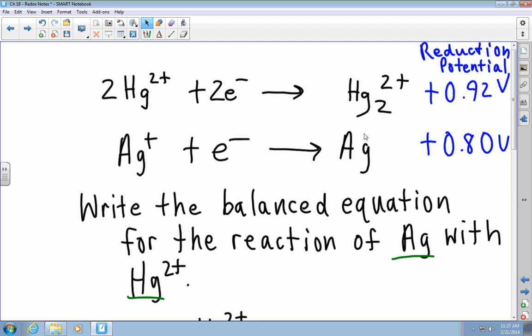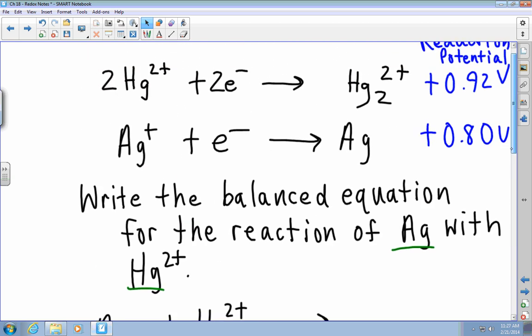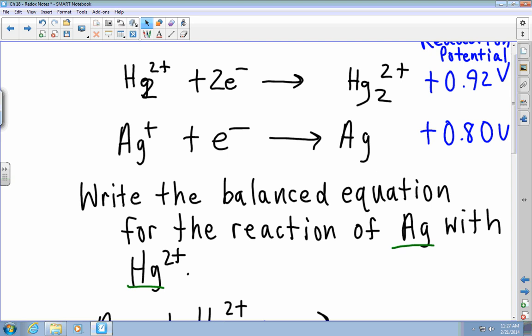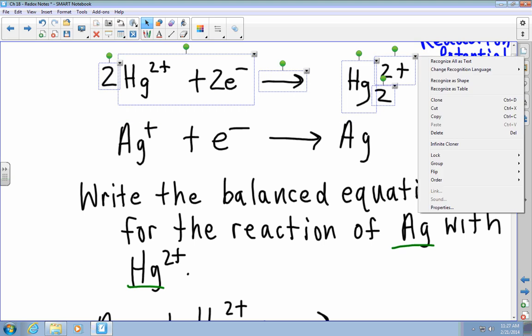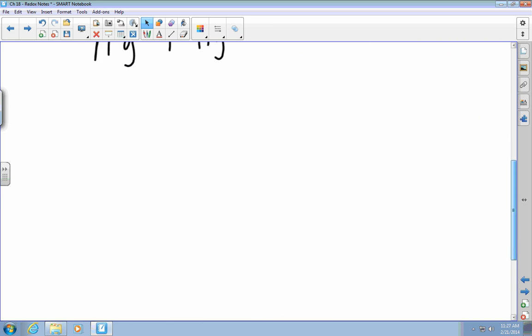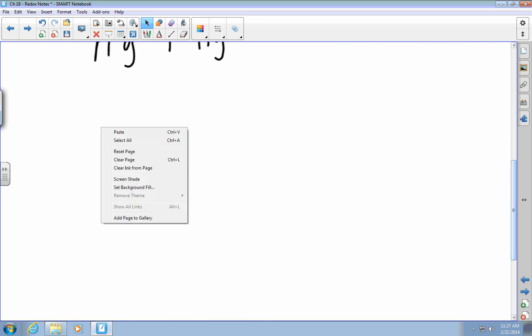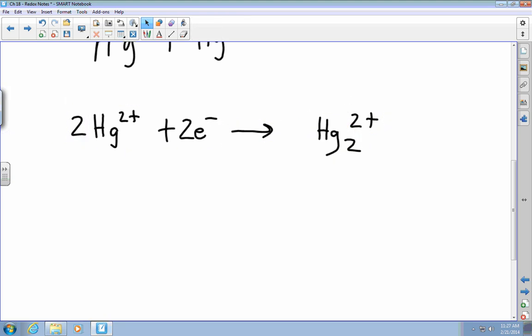And we're starting with mercury ion, so the mercury equation's okay, but the silver equation is going to have to be reversed. So let's copy the mercury, and we'll paste it down below here. And the silver we need to reverse.